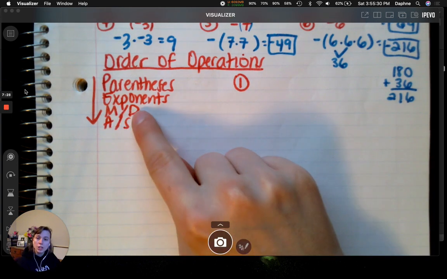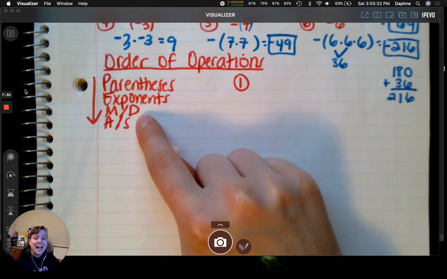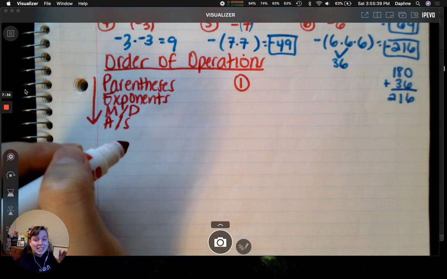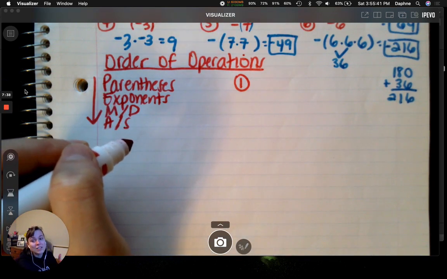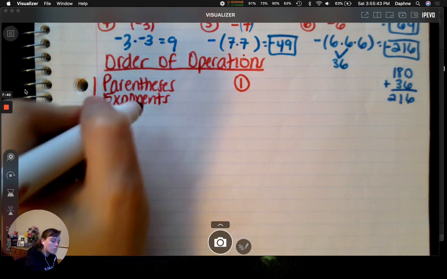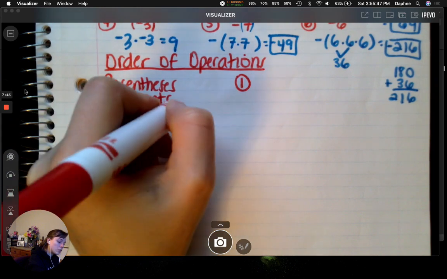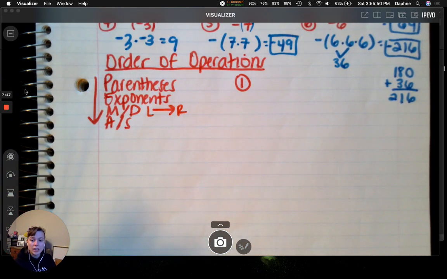When you do multiplication and division, you do them at the exact same time. But now the question is, what order do you do them in? Because we all want to have the same exact answer as everyone else in the world, we go from left to right. From left to right.